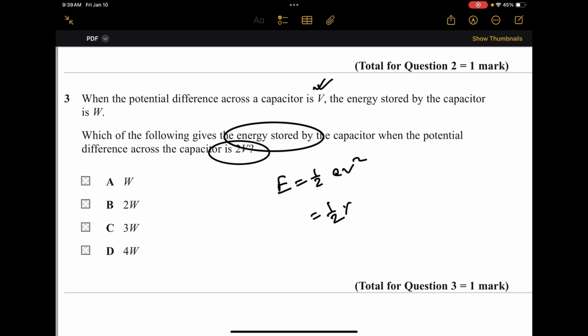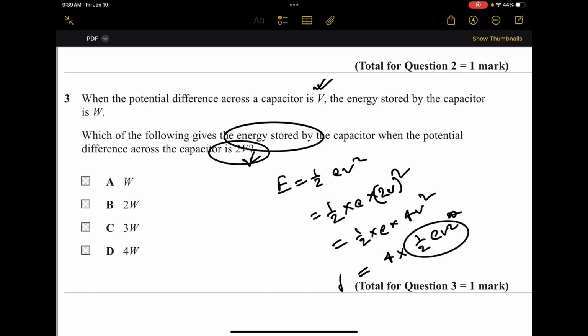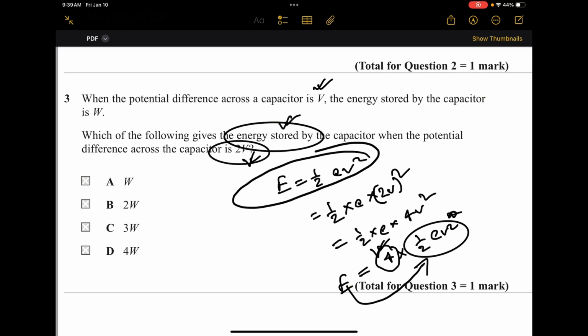Half into C, as this value has become 2, we will multiply by 2V squared. So what it will become is half into C into 4V squared. We have taken 4 as common. What we have is energy equal to half CV squared, the same, but multiplied by 4. So we can say the energy becomes 4 times the previous half CV squared value. So our correct answer will be D.